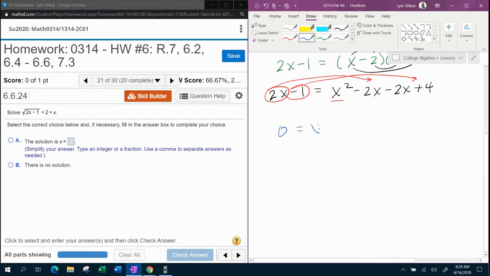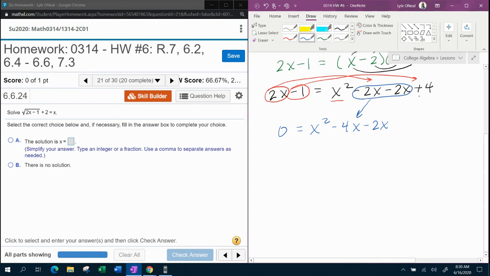All right, here we go. So we're going to have our x squared. I've got a negative 2x and a negative 2x. That makes a negative 4x. And the 2x that comes over becomes minus 2x. Okay, so this minus 4x came from combining like terms, and this minus 2x is from the 2x coming over.